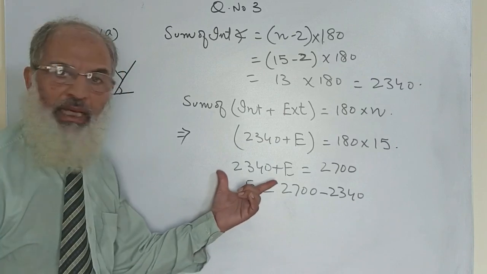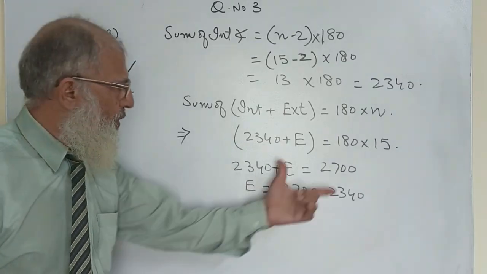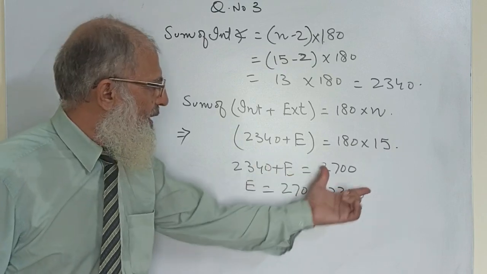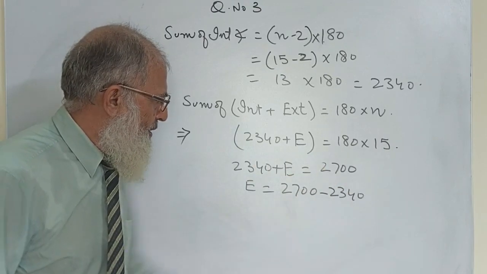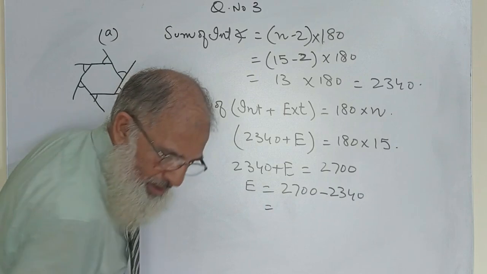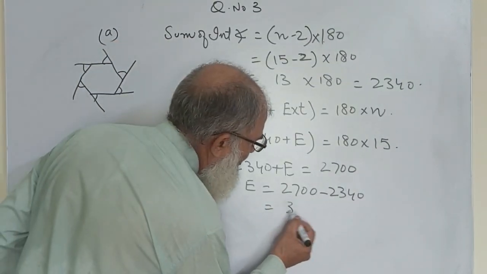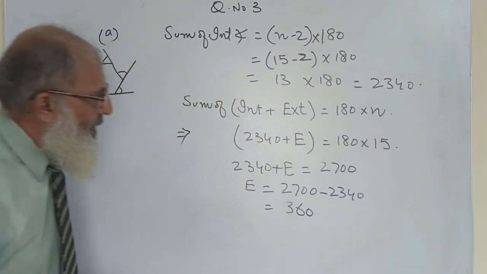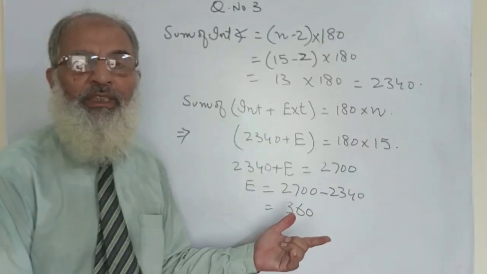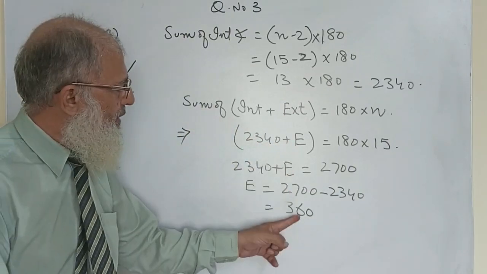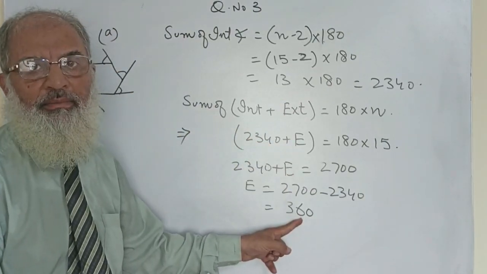Now this is an algebraic way to solve the questions. इसको यहाँ से eliminate करना है, यहाँ पर ले जाना. So it will become minus. Now as I told you, it will become 360. So it means that whatsoever the polygon is, the sum of exterior angles will be 360.